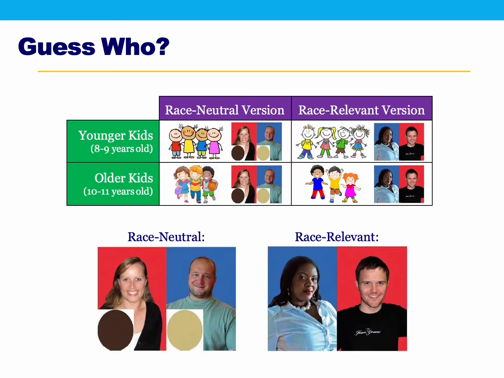Okay? So this experiment is looking at performance in this game, or how well children guess the correct person. Okay? And we have two groups of kids. We have younger kids who are 8 to 9 years old versus older kids who are 10 or 11 years old.